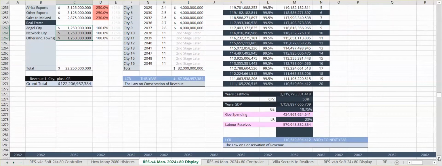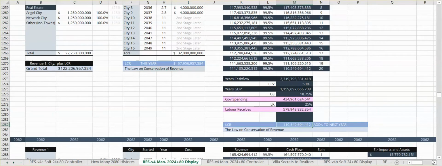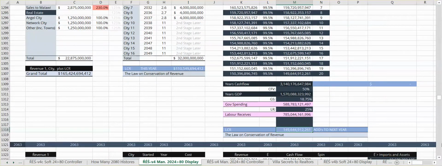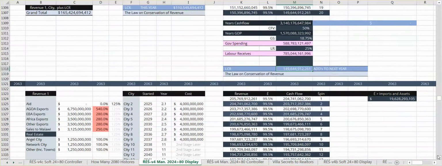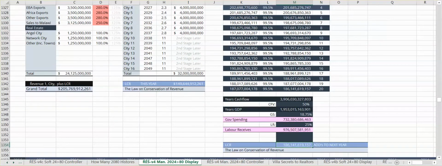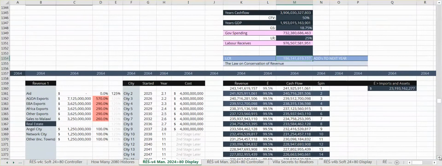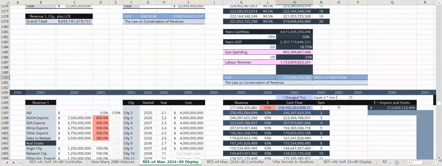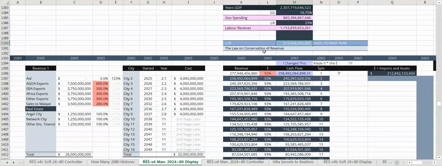Over the next few years, all I'm doing is replenishing that LCR. You know, as I said, these are just experiments. These last 30 years. Okay, I've replenished now, and in 2065 I do the same thing again, but in principle this time directing the money at Malawi, buying basically everything that hasn't been bought.